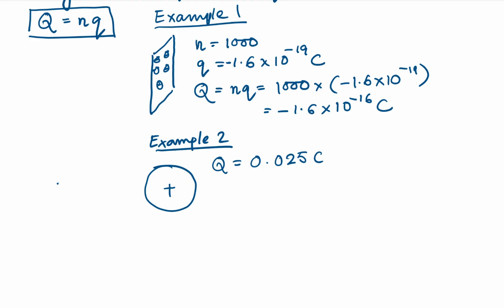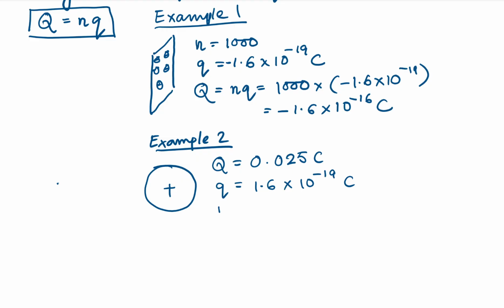So I know what's capital Q, and this object has become positively charged because it has lost electrons. So we know that each electron it has lost has this amount of charge in it. So that's our small q. I know it's negative, but we are not worrying about the negative sign because we know it has lost that electron. That's why it has become positively charged.